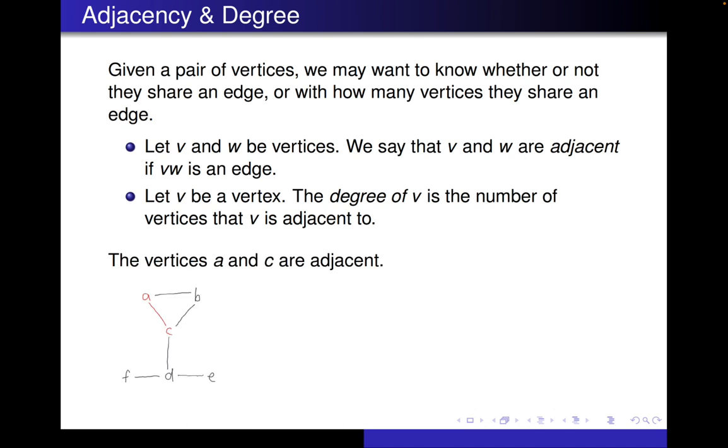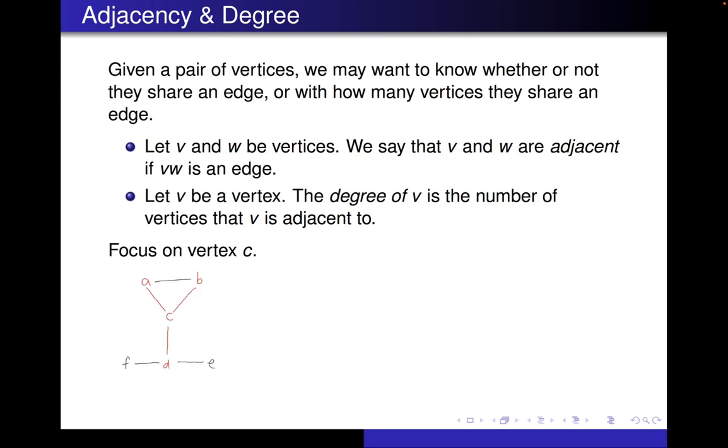So if we're looking at our good old graph there, the two red vertices with the red edge between them, A and C, are adjacent because they have an edge between them. But if we look at the two vertices A and D, those are not adjacent because there is no edge between A and D. If we look at the vertex C, we notice that it is adjacent to the vertices A, B, and D. That's three vertices. That tells us that the degree of C is 3.